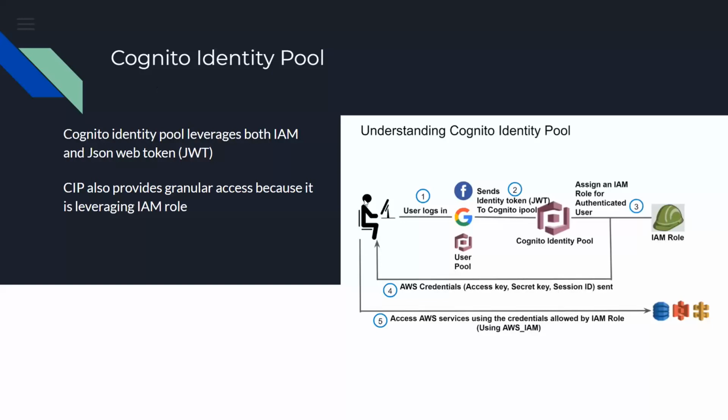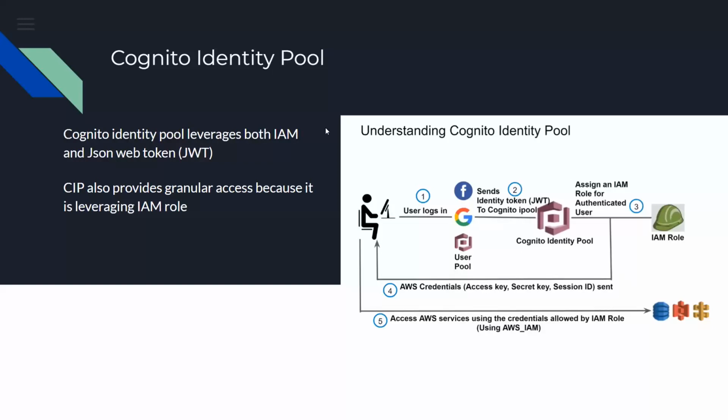So it is sent back to the user, and the user will now try to access the AWS services using the credentials allowed by the IAM role. Using AWS IAM, you can access the backend. So in addition to just leveraging the Cognito pool, here we are combining both the AWS IAM and the Cognito user pool to gain access.